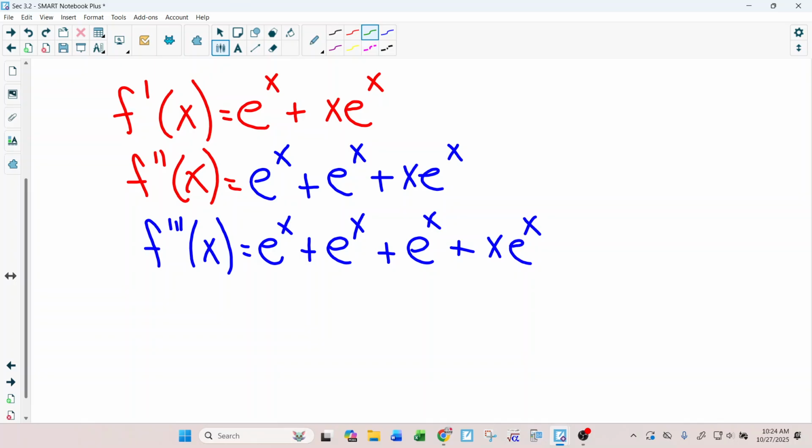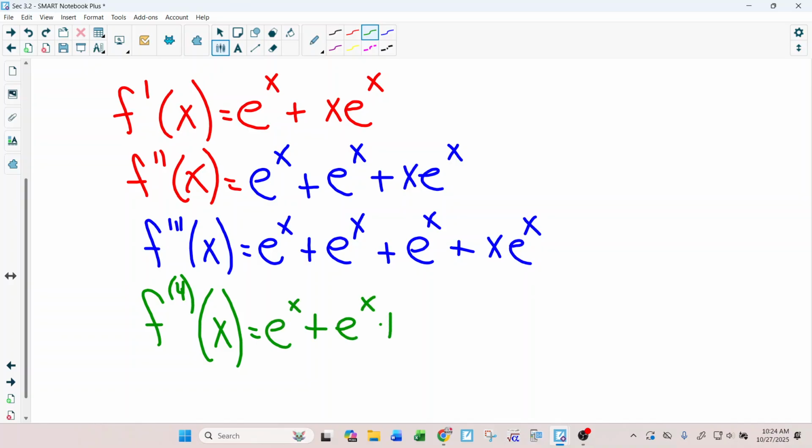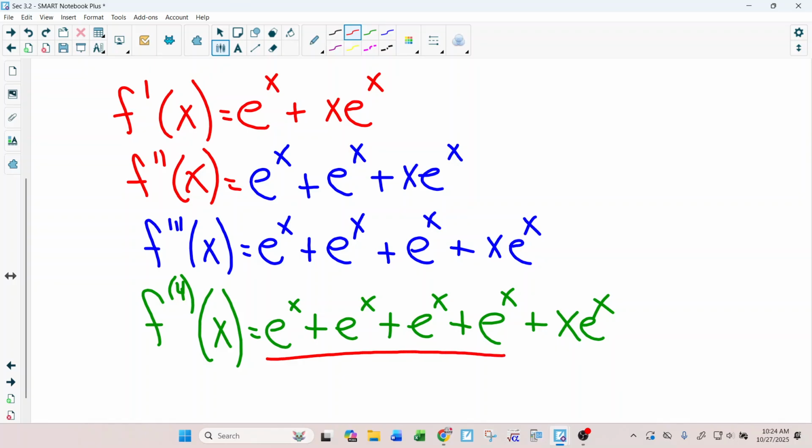So let's see. Do we understand the pattern now? What do you think the fourth derivative would be? E to the x plus e to the x plus e to the x plus e to the x plus x e to the x. Now, if you notice, in the fourth derivative how many of them are there? 4.